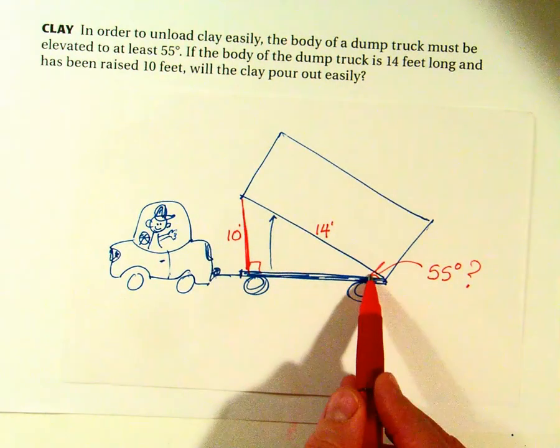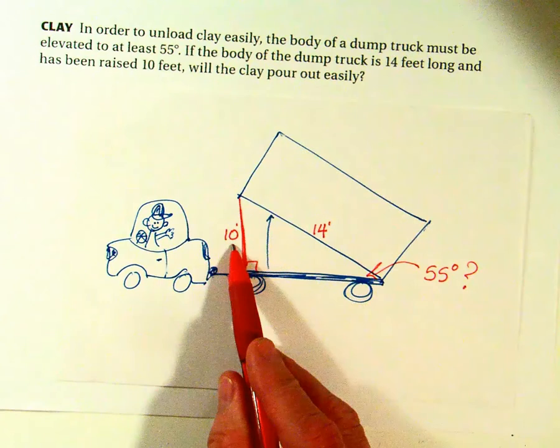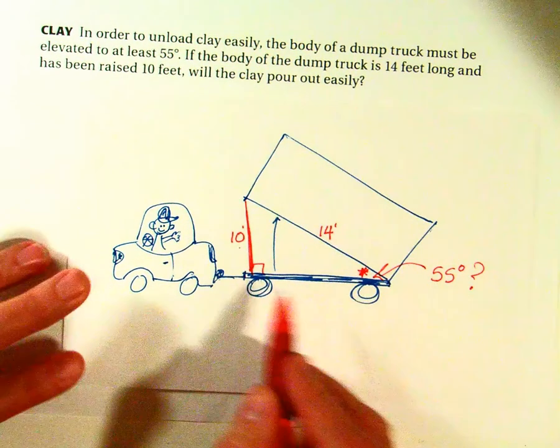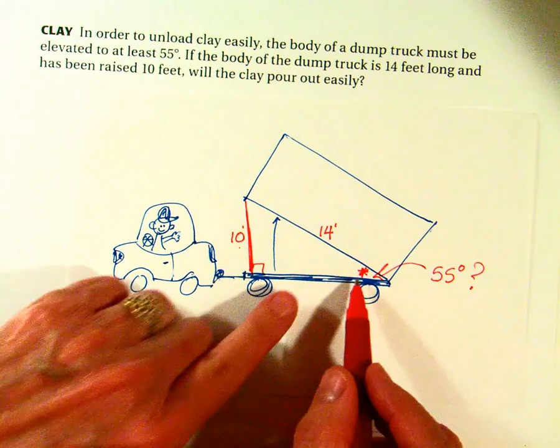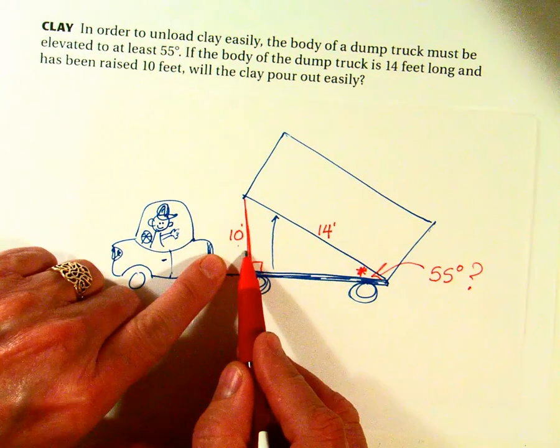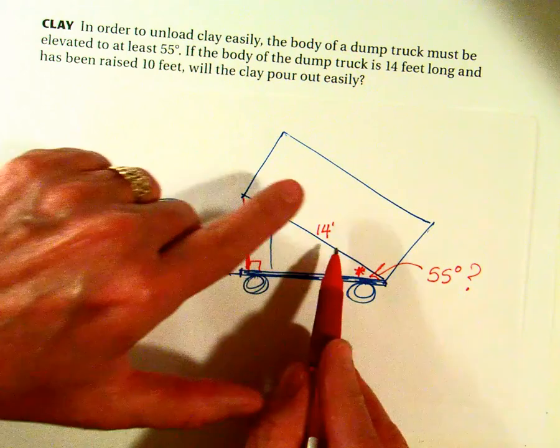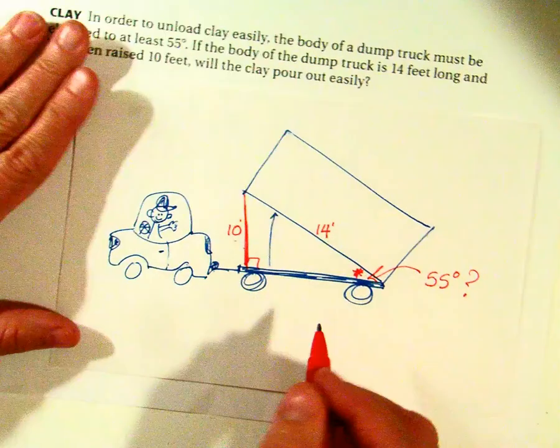We want to know the angle, and we have two sides. Relative to this angle, where are they located, the ones we know? This one that we know is opposite. This one that we know is hypotenuse. We know opposite, we know hypotenuse, that is sine.